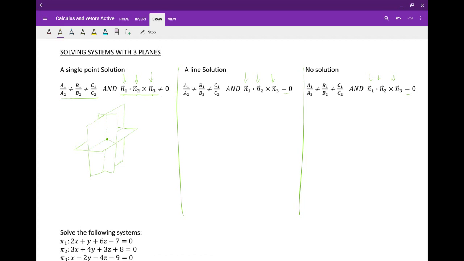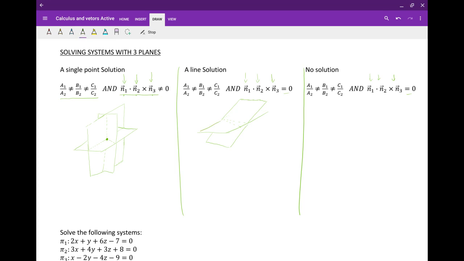Now, a line solution ends up looking something kind of like this, where you've got your two planes here starting, and I'm going to put in a third one. Let me cross that off. Go out a little further and go like that. They intersect at this line here, okay?